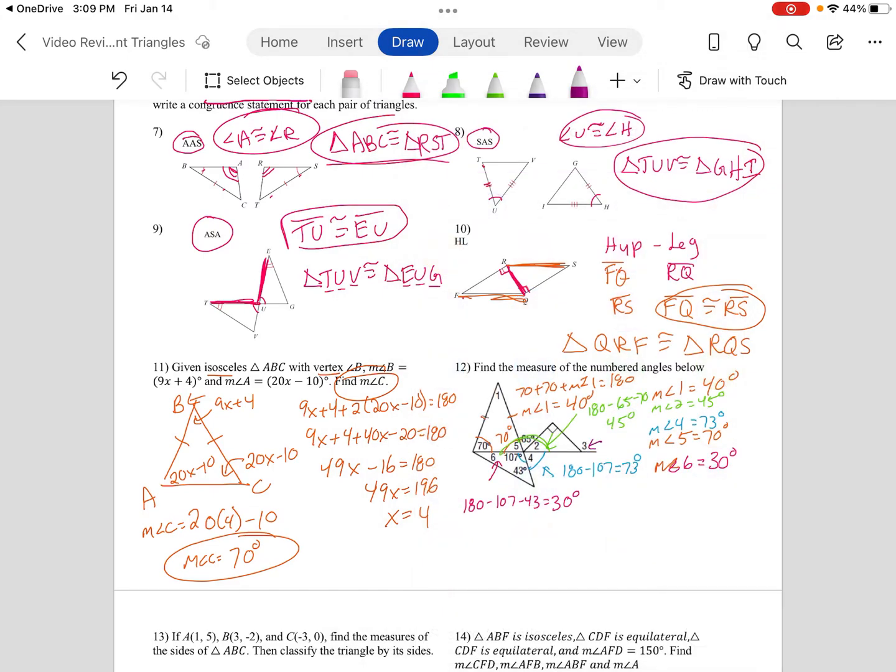And then this measure of angle 3 here, I know that this angle plus this angle, and this is not the only way to do it, is the measure of angle 3, exterior angles theorem, so it's going to be 90 plus 45.